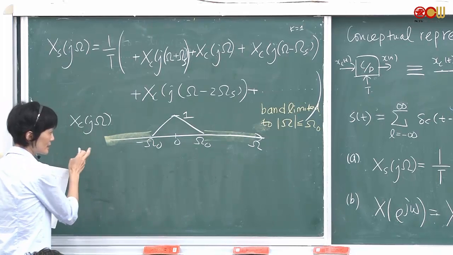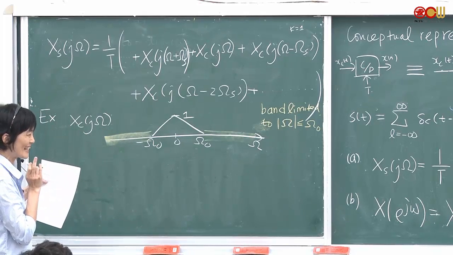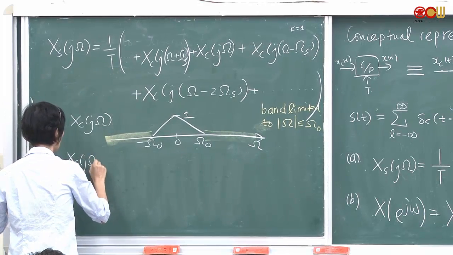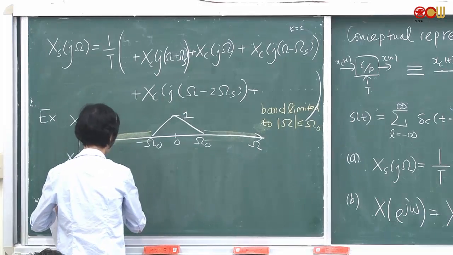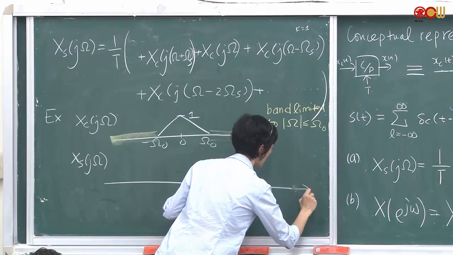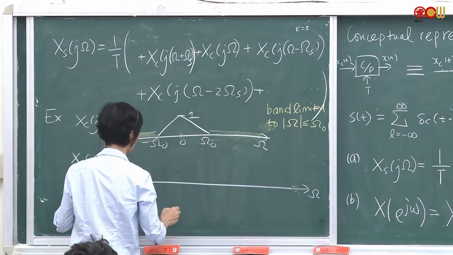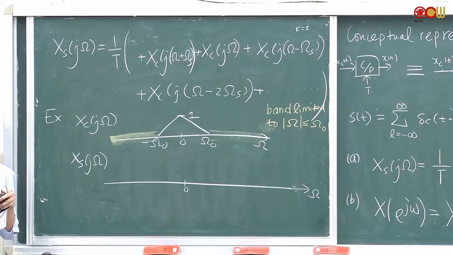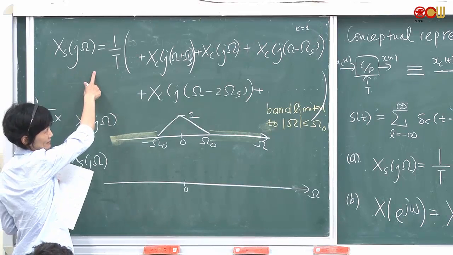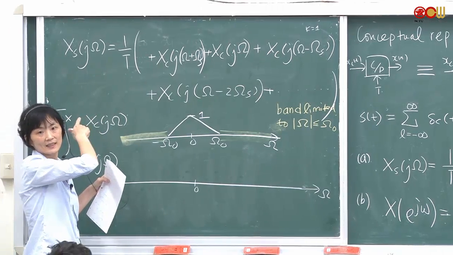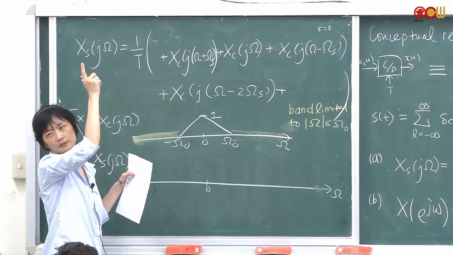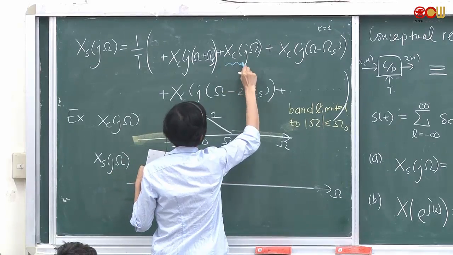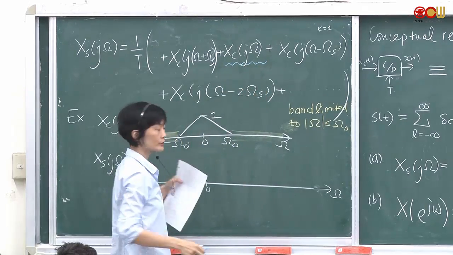All right, let's use this example and draw X_s. What would X_s look like for this example? For X_s, it has many copies of X_c. It has X_c right here, so let's draw this copy first.